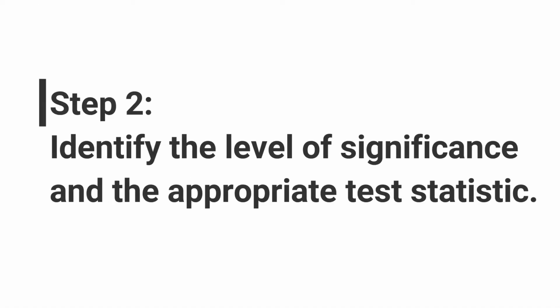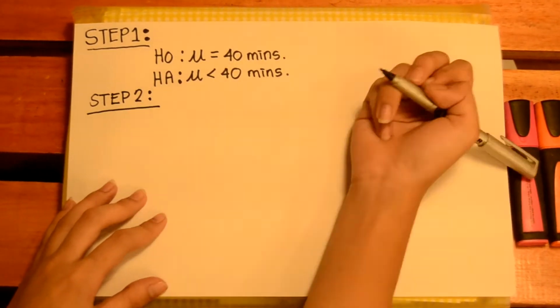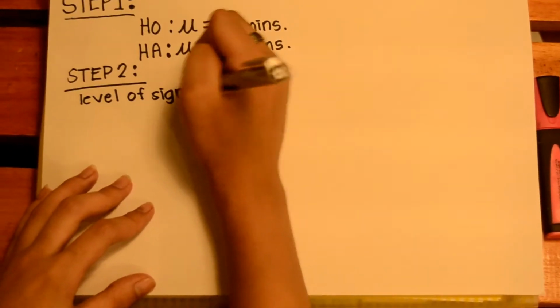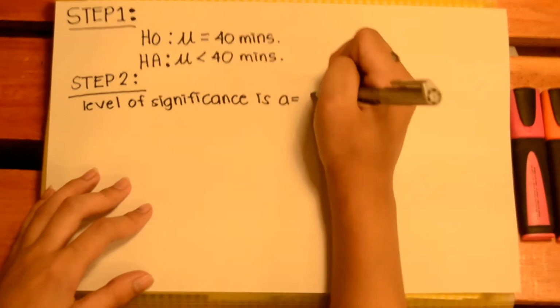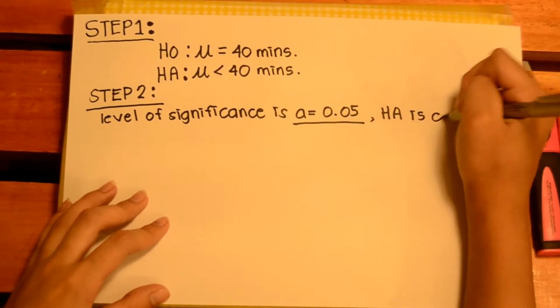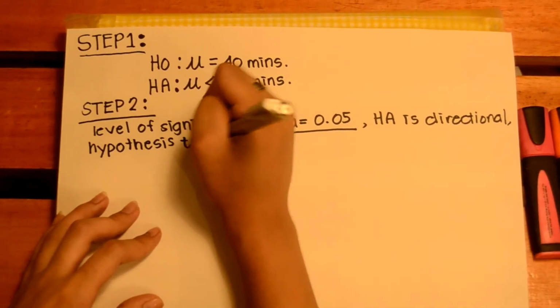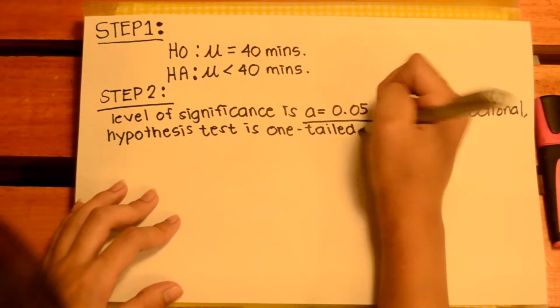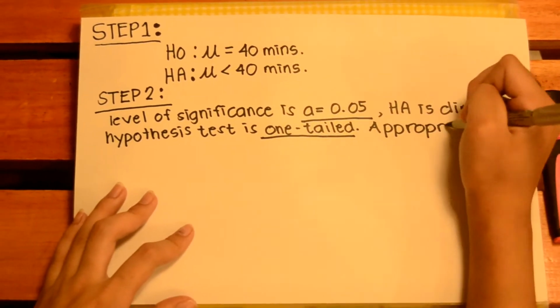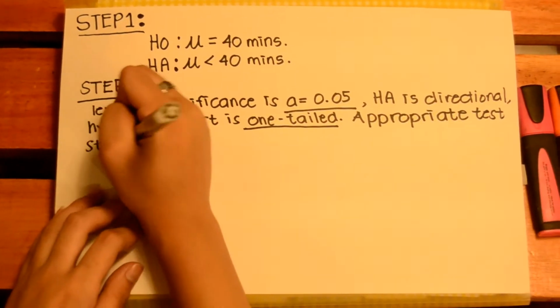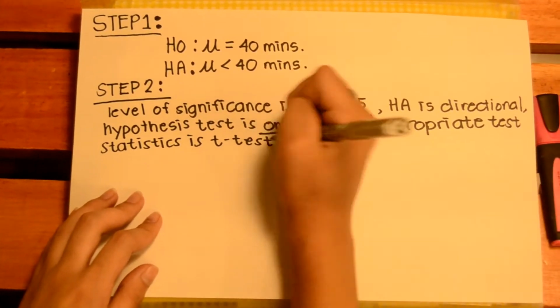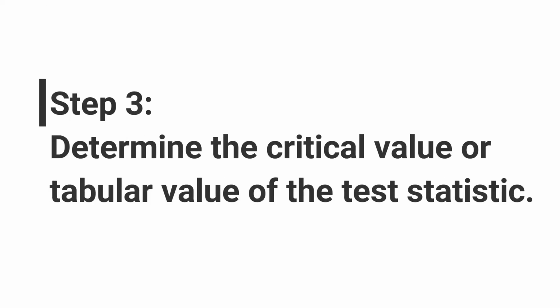Identify the level of significance and the appropriate test statistic. Step 3. Determine the critical value or tabular value of the test statistic.